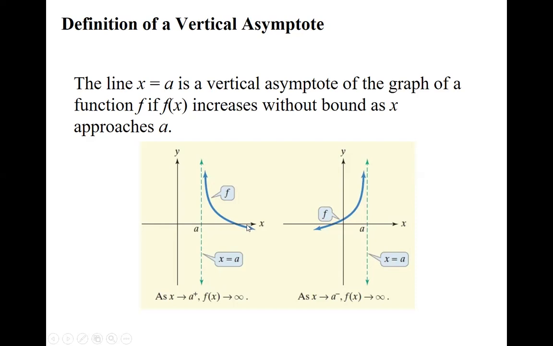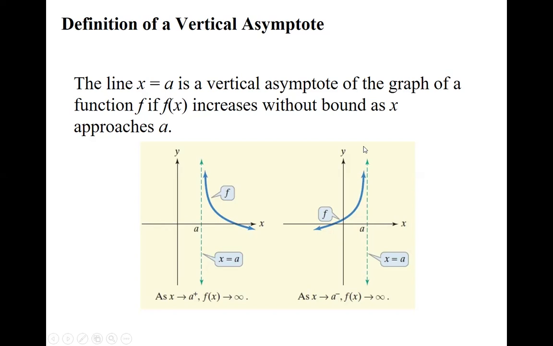So notice, as we approach this value from the right, the function is going to go up and up and up and up forever. As we approach this from the left, the function is going to go up and up and up forever.